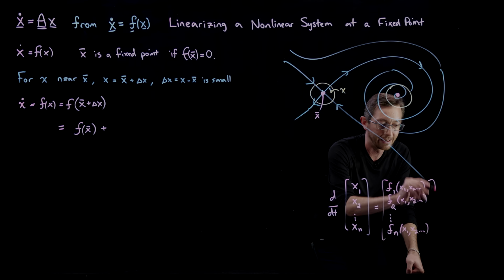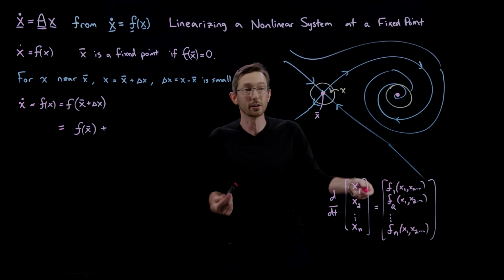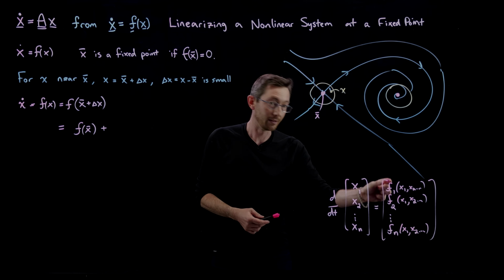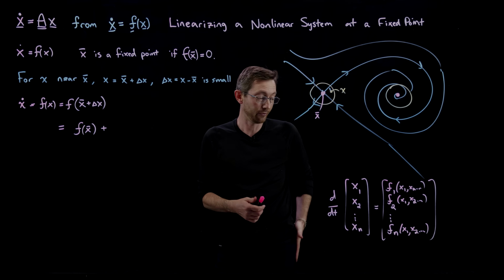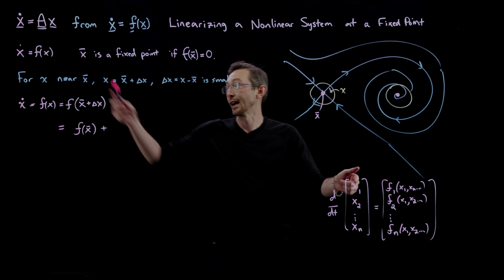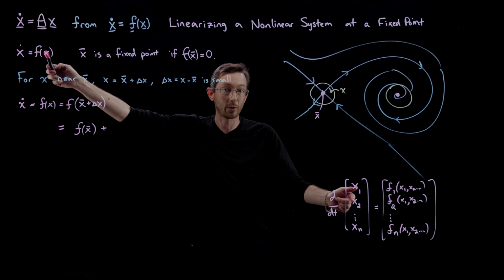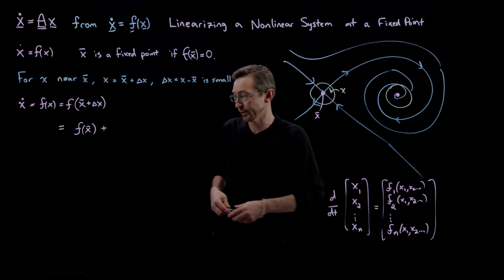This is literally a vector valued function, right? There are components to this function f, one for the x1 dot equation, one for the x2 dot equation, one for the x3 dot, and so on.